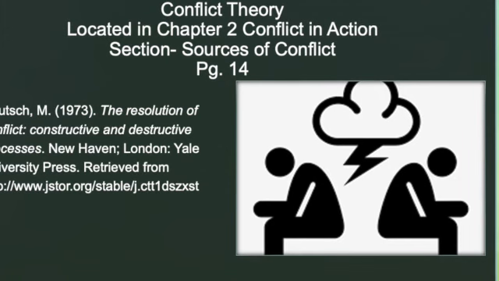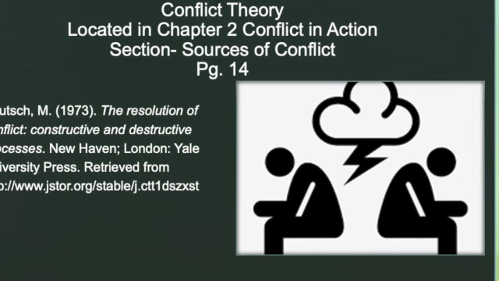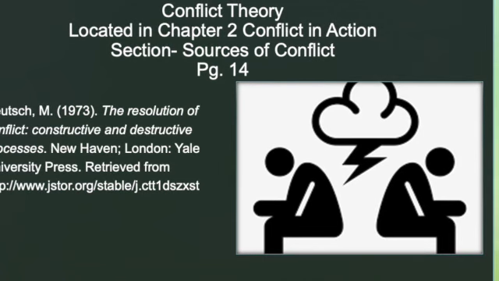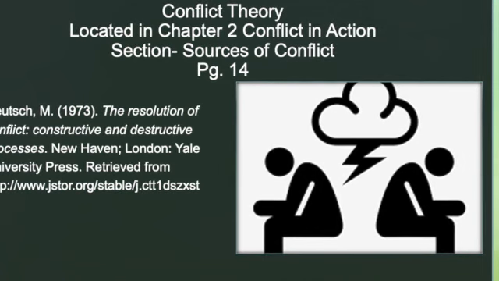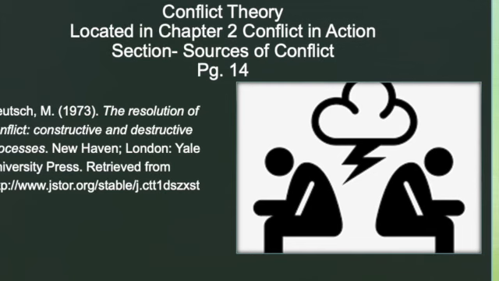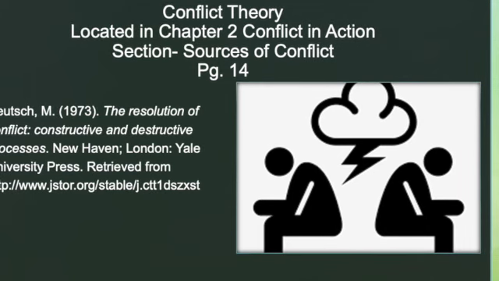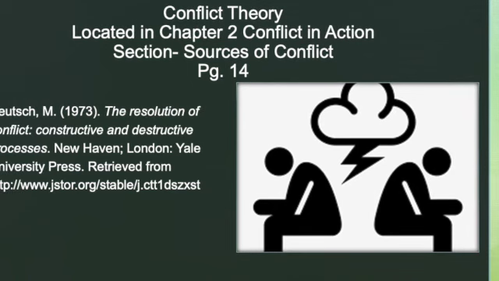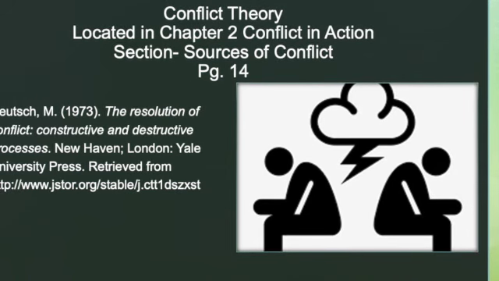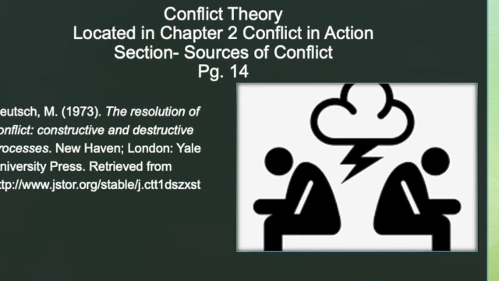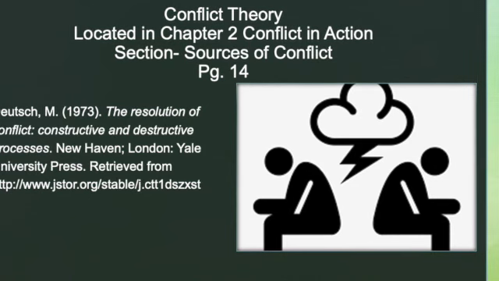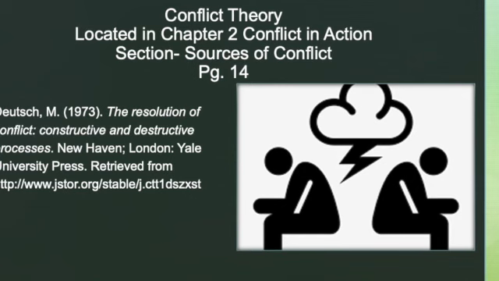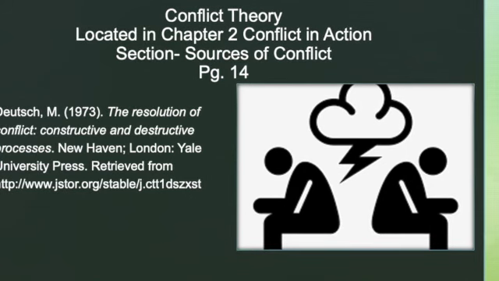And so some of the things described as being sources in the textbook are data, interests, procedures, values, relationships, roles, and communication. And so each one of these is a source of why there might be conflict. And so it is important to understand what the source is in order to deal with the conflict.